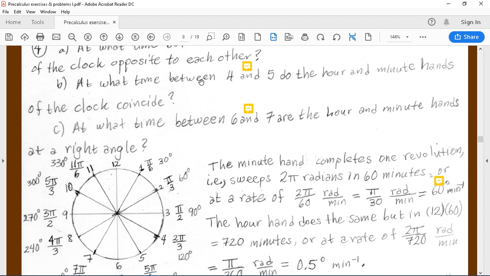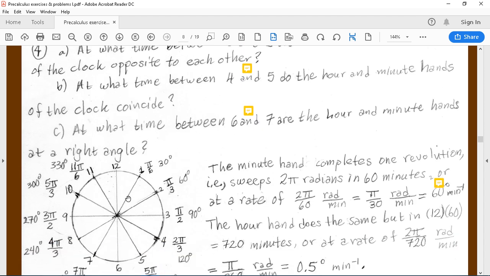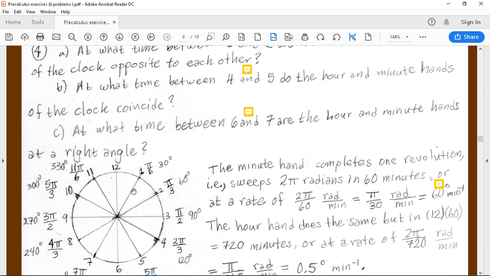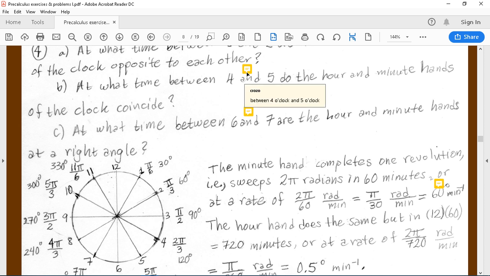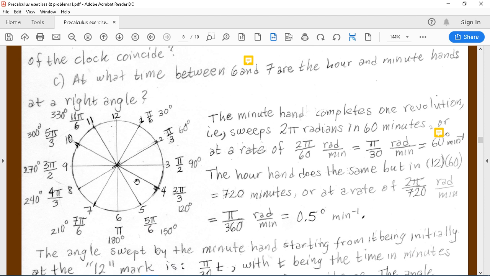when it's between 1 and 2 o'clock, which is starting when it points at the 1 mark, and when it's between 4 and 5 o'clock, its initial position will be when it points towards the 4 mark, and for the time between 6 and 7 o'clock, that is when it starts from pointing at the 6 mark.